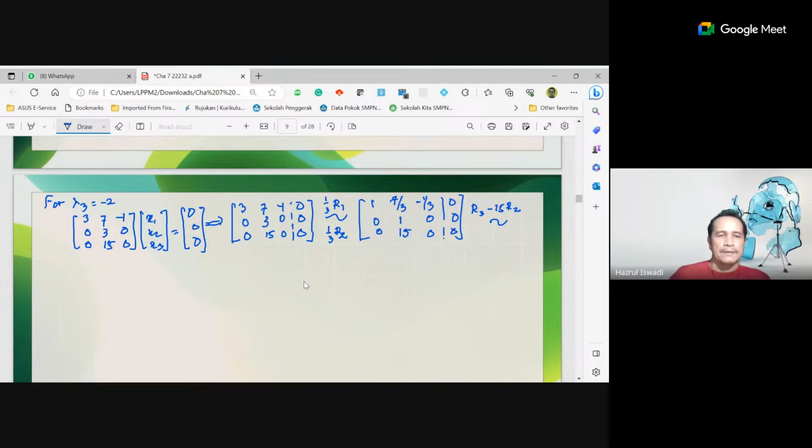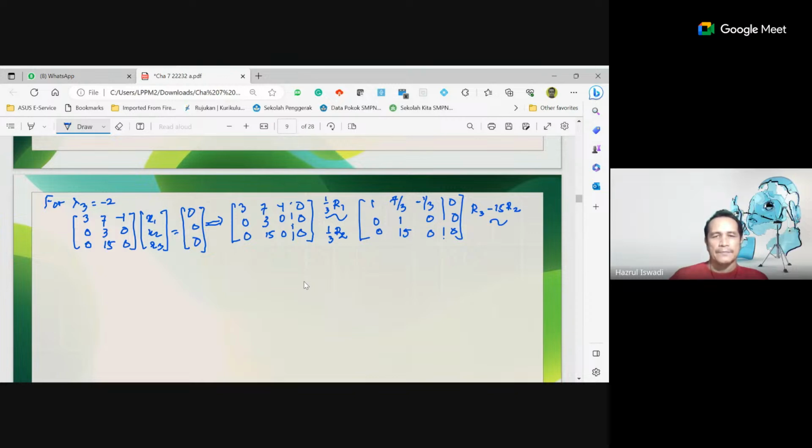And then we make 7 minus 3 times 7 over 3 is 0 by using row 1 minus 7 over 3 row 2. We have 1, 0, minus 1 over 3, 0, like this.